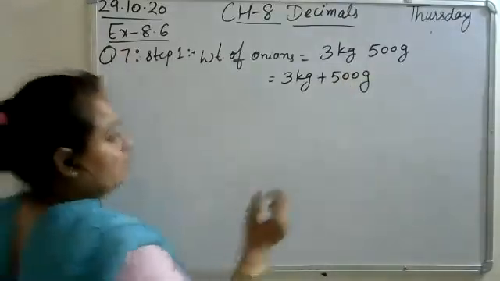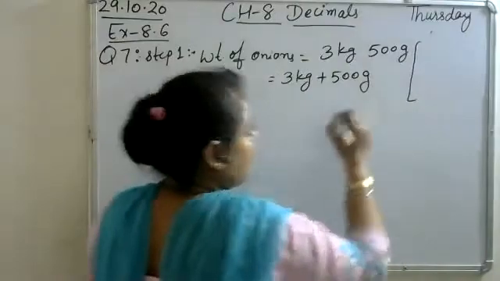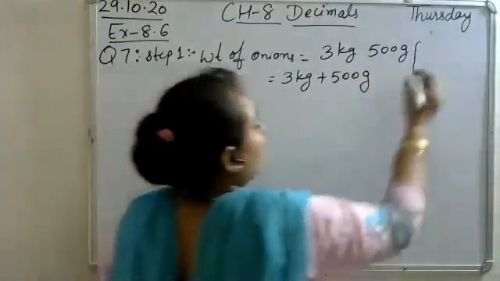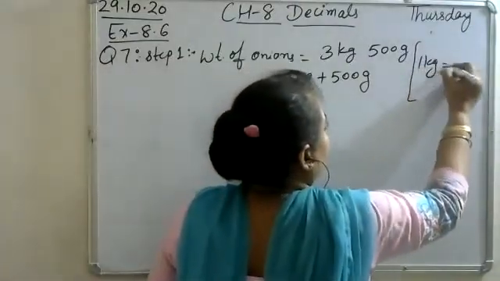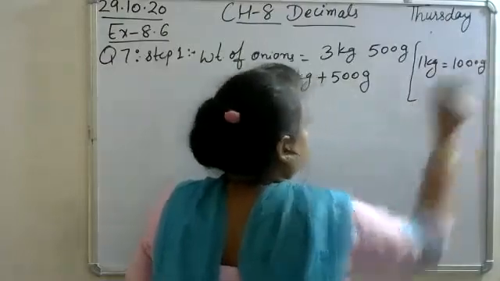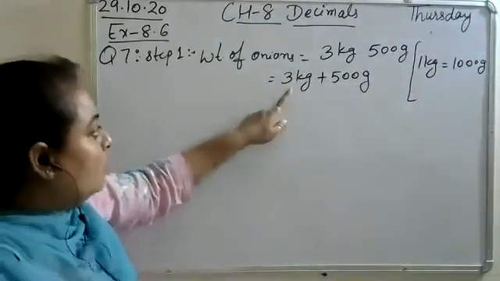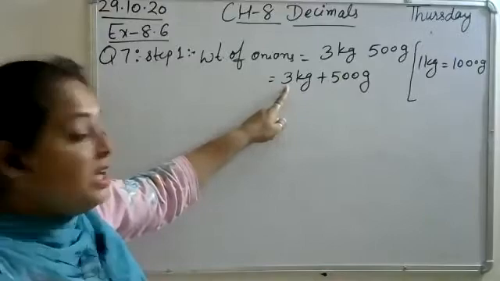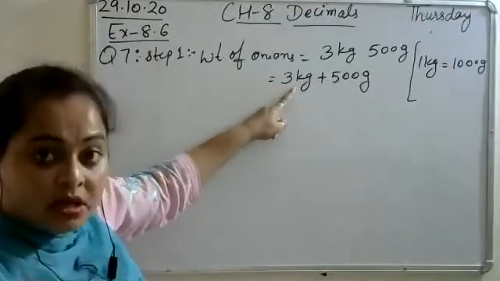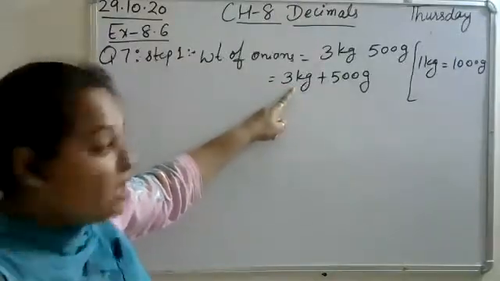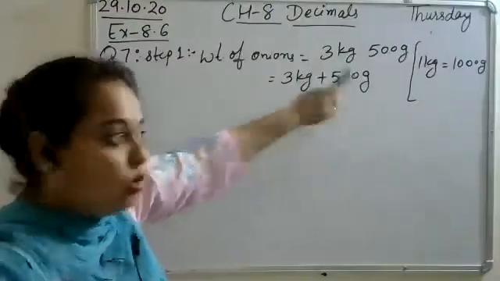After that, you will write the relation. Relation is compulsory. 1 kilogram is equal to 1000 gram. So this kilogram, 3 already in kilogram, so no need to convert it. We will convert this to kilogram.